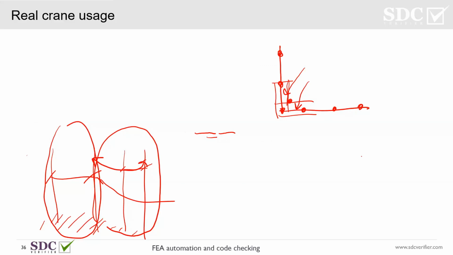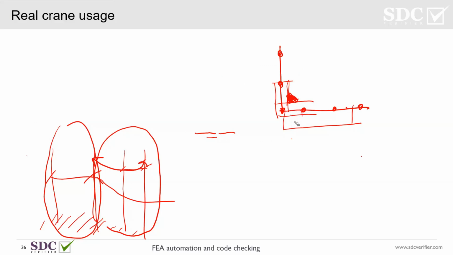However, here at SDC, we have separately implemented a hotspot stress method. The idea is that if I have the weld like this, and you have the mesh with a certain mesh size, because the stresses are also highly dependent on whether you have a coarse mesh, so basically your element size like this, or you have a fine mesh so that you have detailed results.